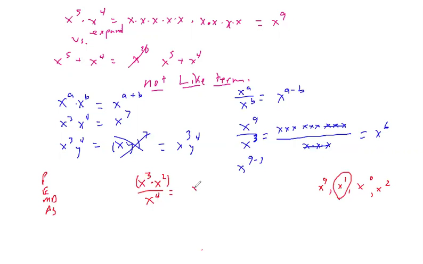So here I would have had x to the 3rd times x to the 2nd, and then I divide that by x to the 4th. X to the 3rd times x to the 2nd, according to this rule, would be x to the 5th. Divide that by x to the 4th, then, according to this rule, would be x to the 5 minus 4, or x to the 1st, or if you wish, just plain x.